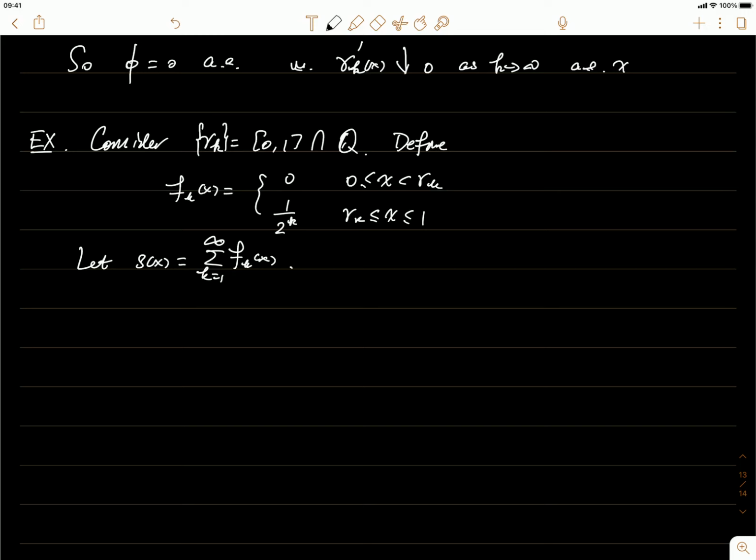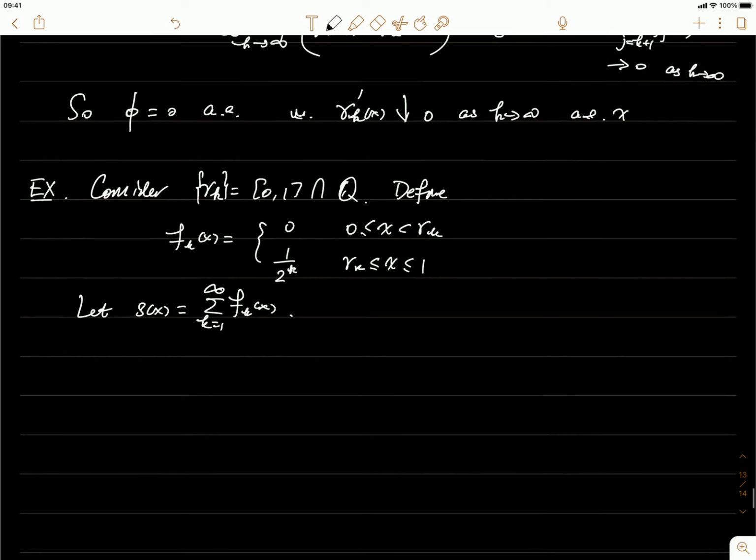Then we know that each of these f_k's is non-decreasing, and this is a sum. According to the theorem above, we know that the derivative of this exists and is just equal to the sum of the derivatives, right?